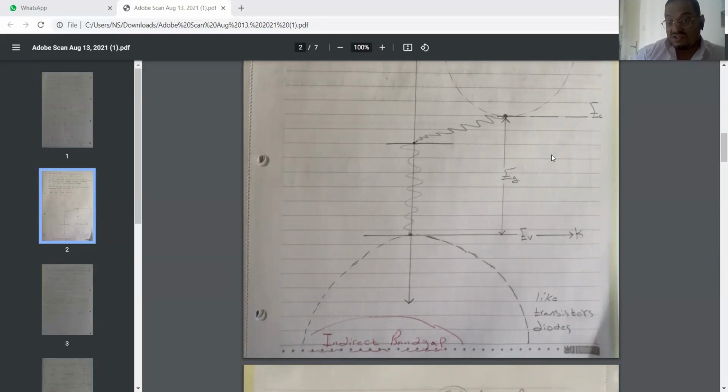Here, the situation is different from direct bandgap, because here the bottom of the conduction band is directly under another point. That's right, at the same K, but at another point, in another direction, not at the same point.